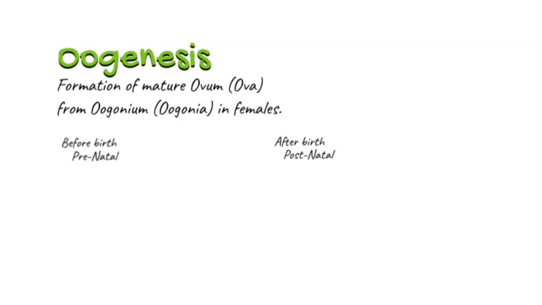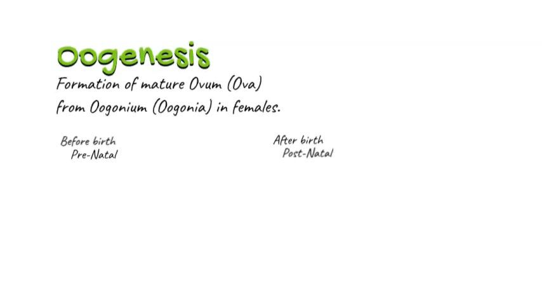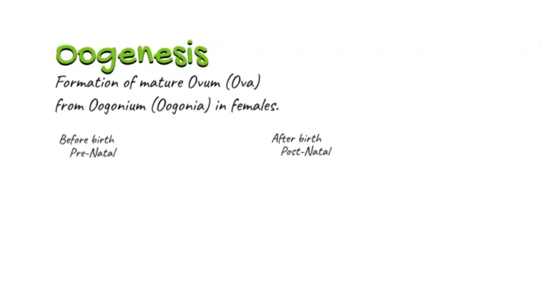So when you are still about to become something in your mother's womb, this starts in prenatal life before you're born. When you are still in your mother's womb, your ovaries start the oogenesis process.